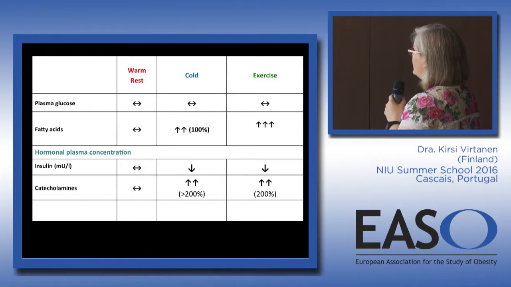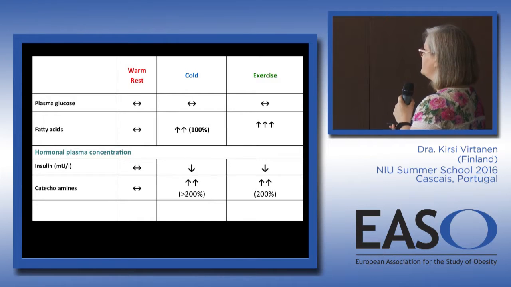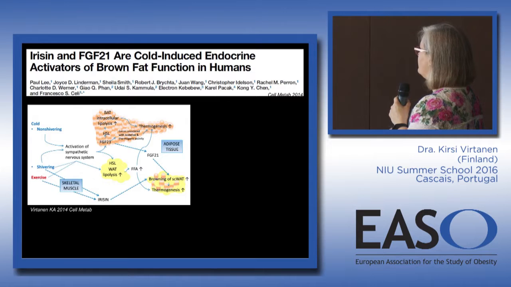It has actually quite similar effects to cold on our systemic substrate concentrations, and irisin was one of the substances which was suggested to improve brown fat function. It was introduced by Boström and Spiegelman: when mice were induced to exercise, it stimulated browning and UCP1 expression in subcutaneous adipose tissue, and this was based on 10-week endurance exercise.